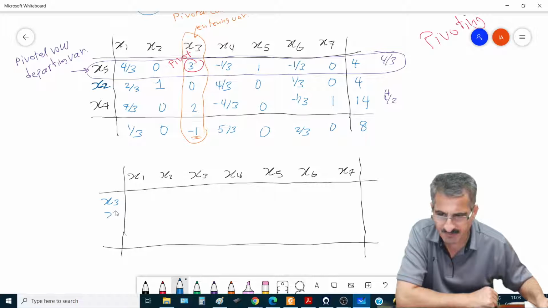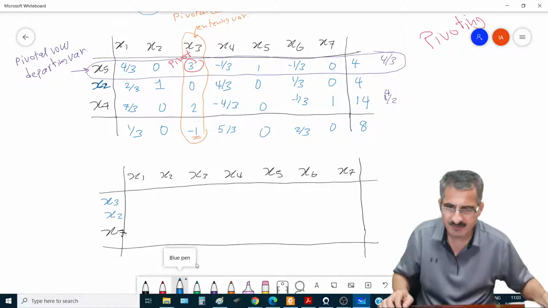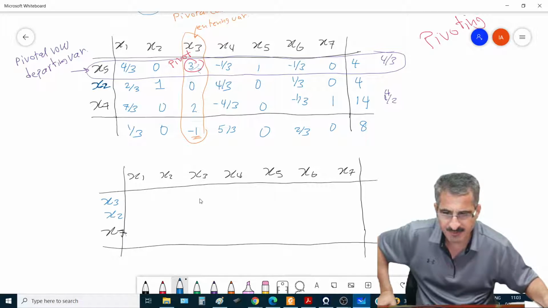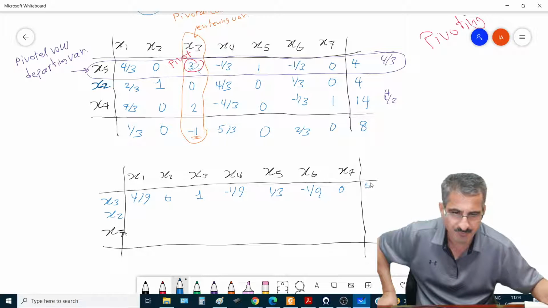I already have here x2 and x7 is still here. Okay, now let me take the numbers. So 3 over 3, divide everything here by 3, I get 1, I get 0, I get 4 over 9. Am I correct? I get negative 1 over 9. I get 1 over 3, negative 1 over 9, 0, 4 over 3.